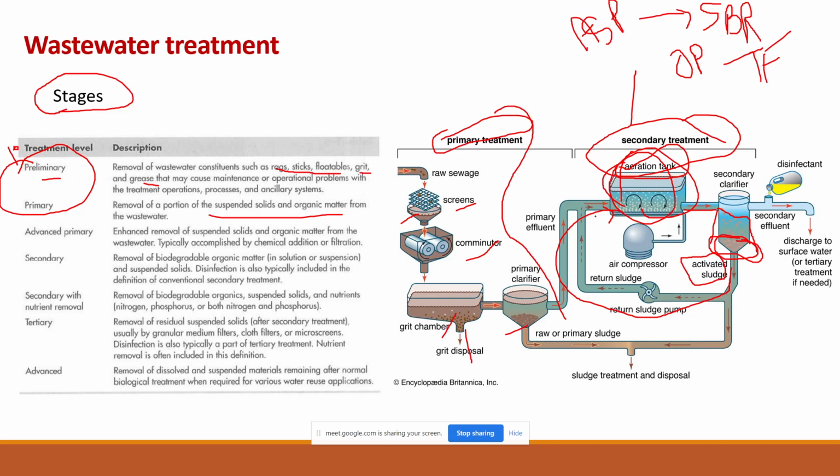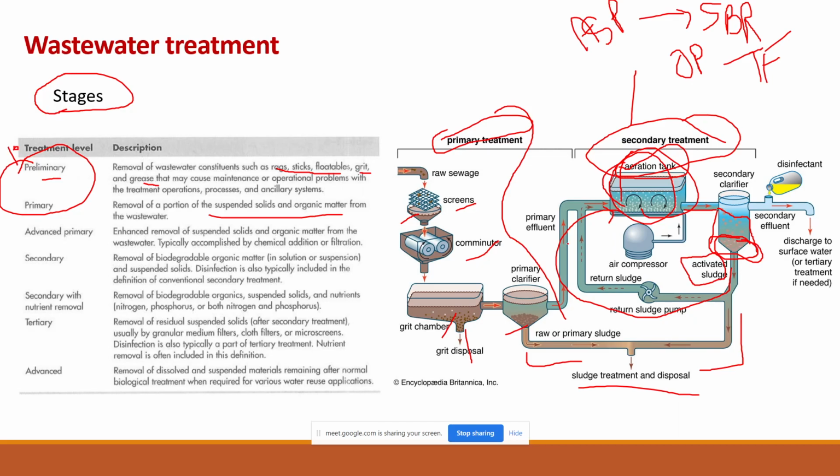That is why this process is called the activated sludge process. The remaining sludge from the secondary treatment as well as from the primary treatment goes to the sludge treatment unit. So this is basically what happens in an activated sludge process.